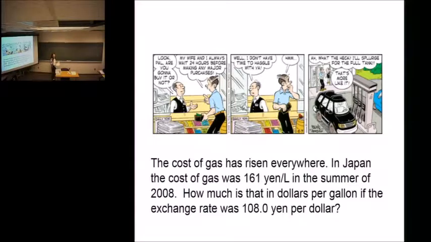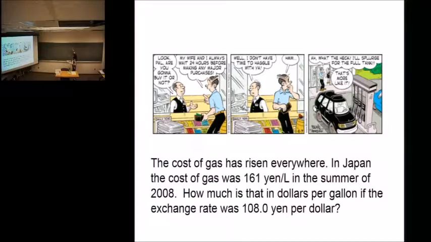Now I have to convert liters, so I can do it all in one chain. I need to cancel out the liters. Where am I going to put liters? We've always put it on the bottom. Why can't I put it on the bottom? They won't cancel. It'll be liters times liters, and now we get liters squared. That's not going to work. So it has to go on top.